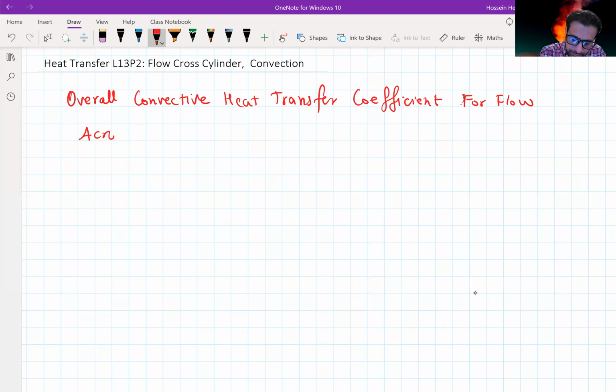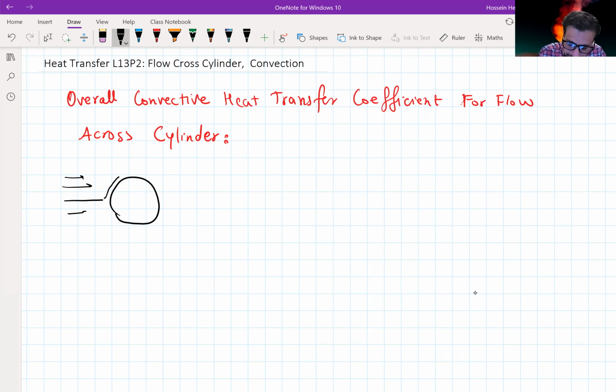So remember, we have the cylinder, flow is just getting in, going to have some boundary layers, some separation is going to happen. And there are empirical correlations that exist for that one.